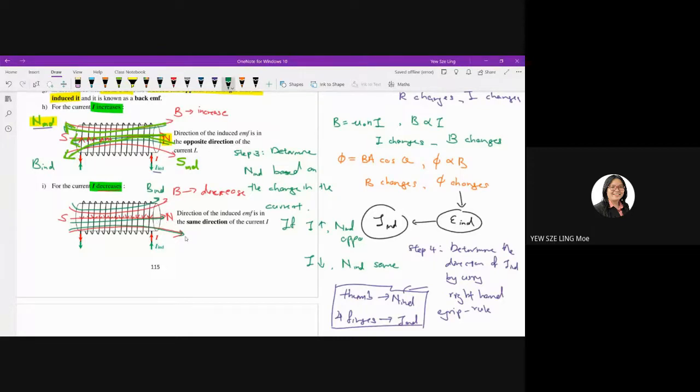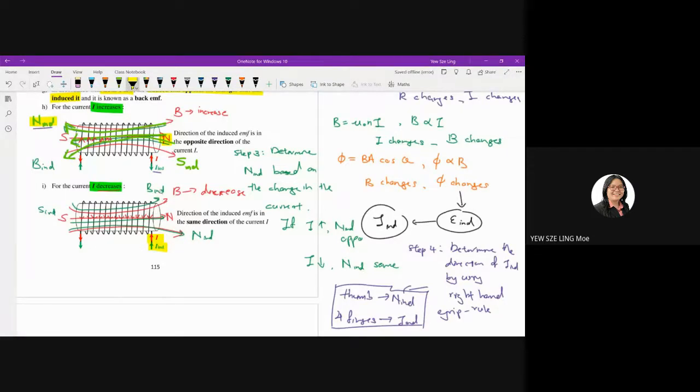Therefore, it means that your N induced and your S induced are both located at the same position as your original north and south pole. So the direction of current is the same as the current in the red color. Now your I induced and your I are both heading towards the same direction. Why?